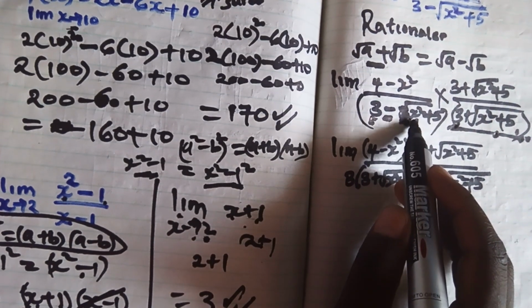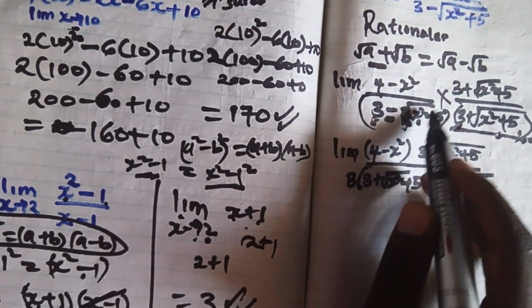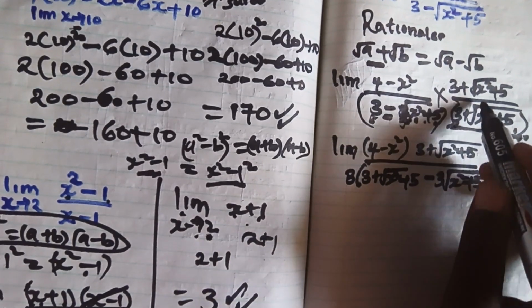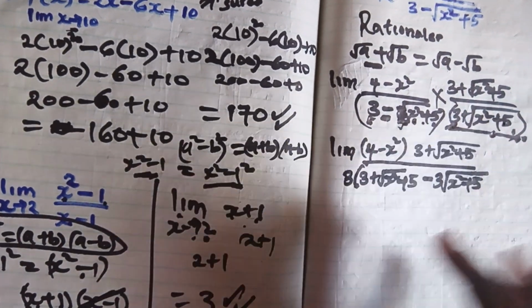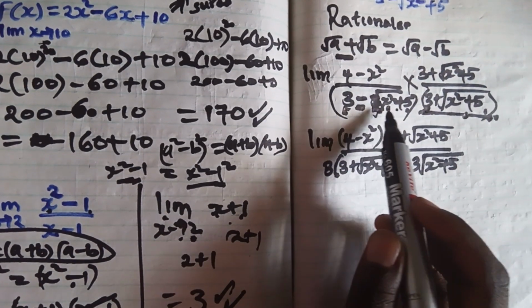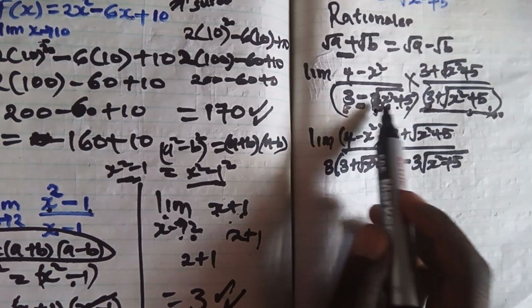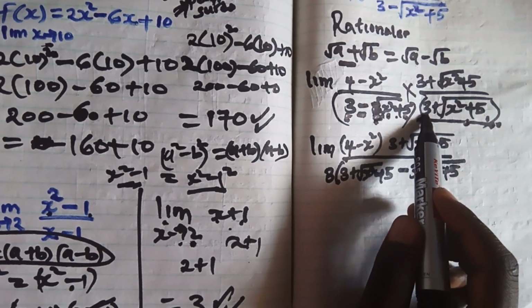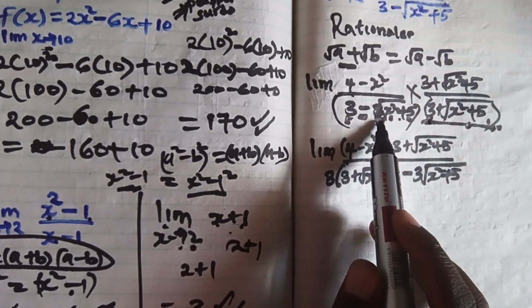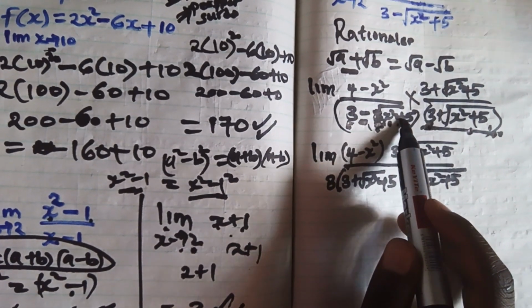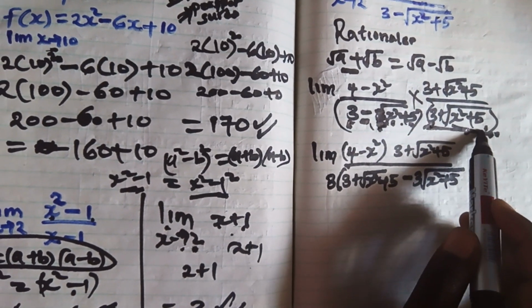So we remain with the square root of x squared plus 5 multiplied by the square root of x squared plus 5. I think you have understood how we have multiplied. We took the square root of x squared plus 5 and multiplied by 3 in the first case. In the second case, we take the square root of x squared plus 5 and multiply by this one independently again.